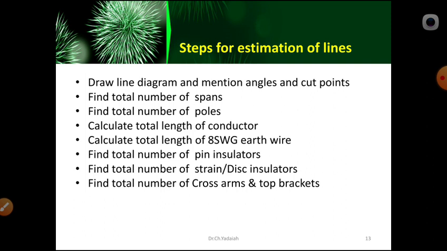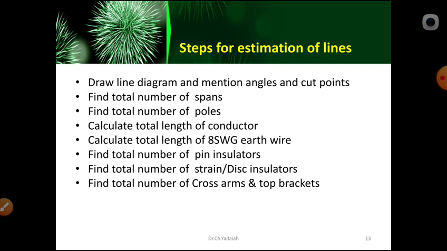At normal running, we can use V-shaped cross arms, or flat also. In the first problem we will use only straight cross arms. In the second problem we can use different types, both types of cross arms. Now, after knowing this, nearly 70% of the problem is completed.